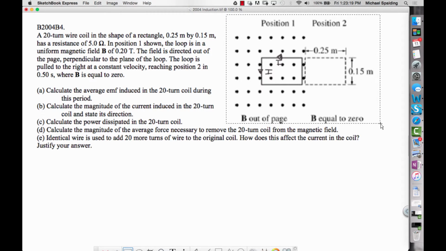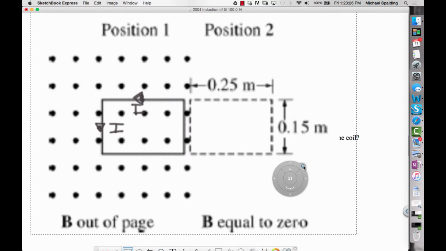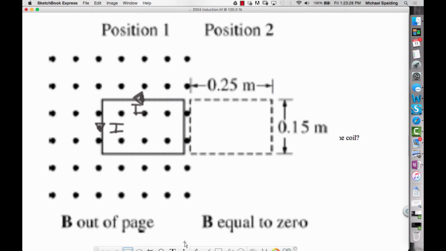We're going to use right-hand rule number 1. Looking at the left side of the loop, which way is the current going? Well, we're focusing on this part of the loop. In a minute, we can talk about the top part and the bottom part, but let's talk about this portion of the loop right there. The current is going down. Which way is the magnetic field going?